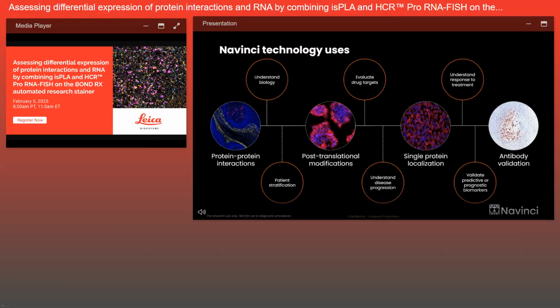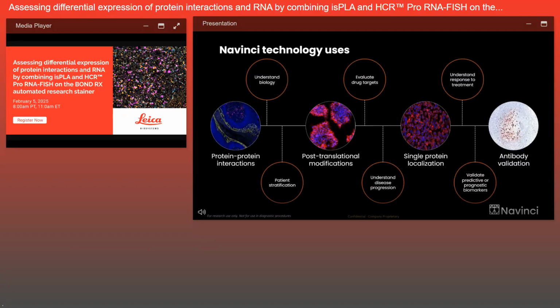So what can the technology be used for? There are 4 main protein aspects that can be investigated, but this is not limited. So we can look at protein-protein interactions, post-translational modifications, single protein localization, and antibody validation.